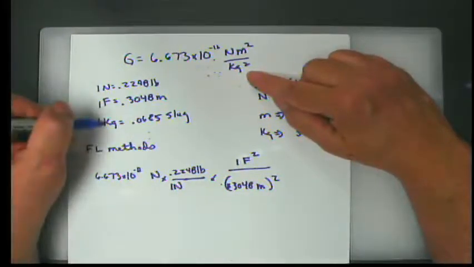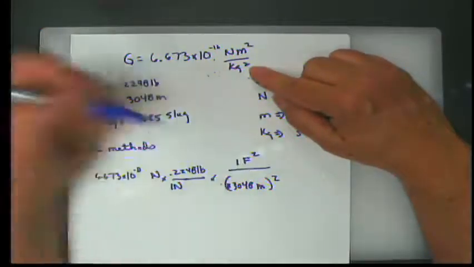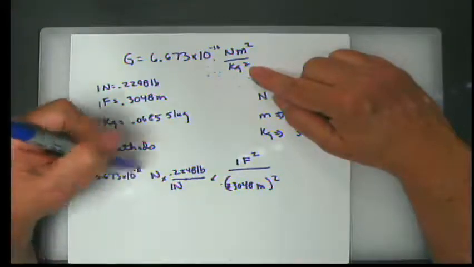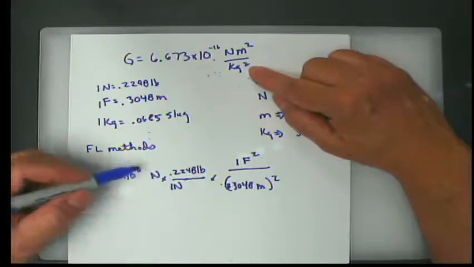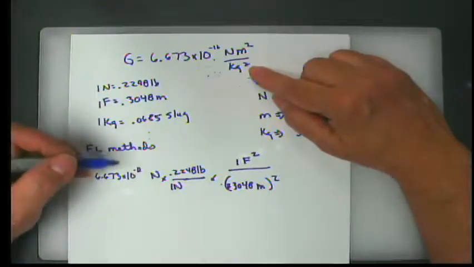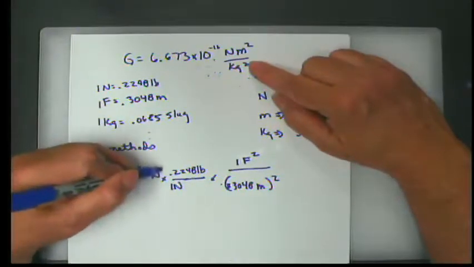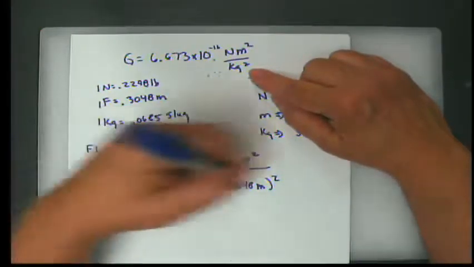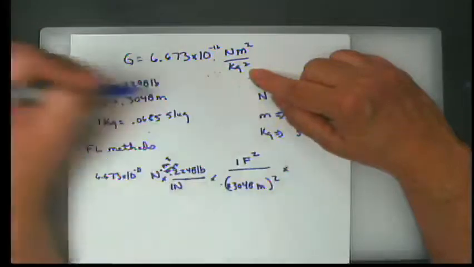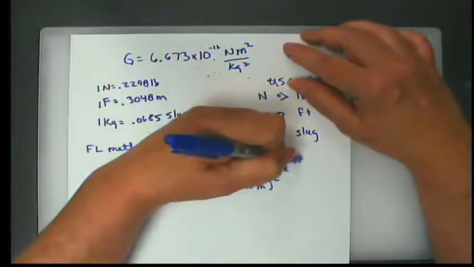And then I have kilograms in the denominator. I should have written out this entire unit is what I'm thinking. Newton meter squared per kilogram squared. There we go. Just for clarity, so I have kilograms squared in the denominator. That means that here I want to put 1 kilogram.